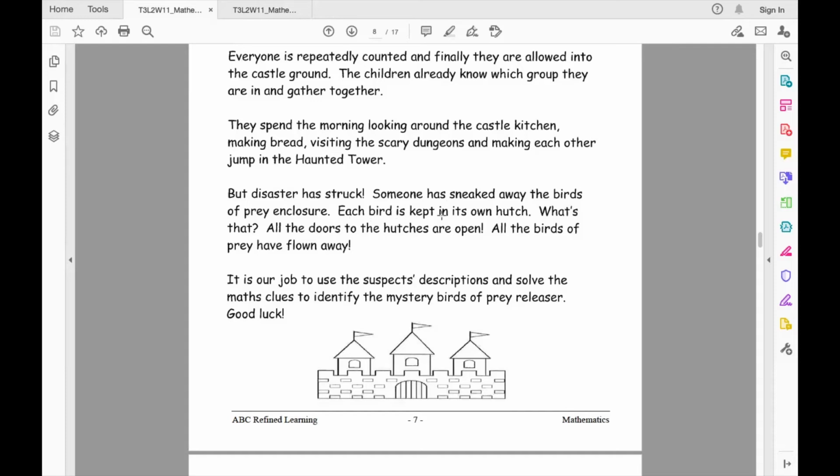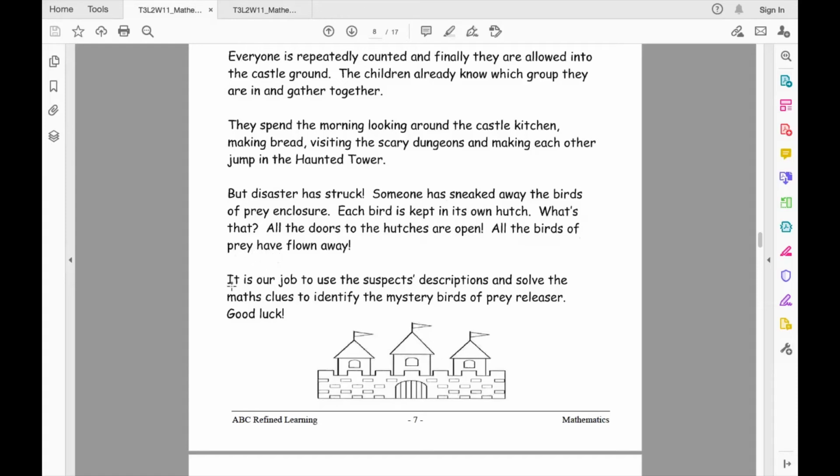Each bird is kept in its own hutch. What's that? All the bird hutches are open. All the birds of prey have flown away. So the hutch is like a bird cage where we keep the birds in. And birds of prey means eagles or other types of birds that eat mice.